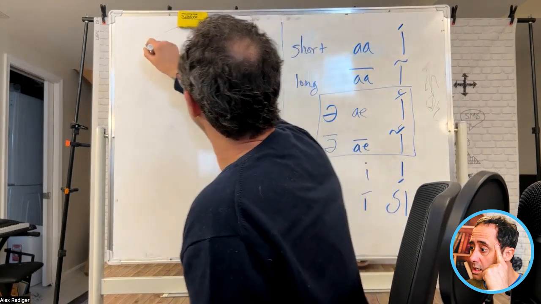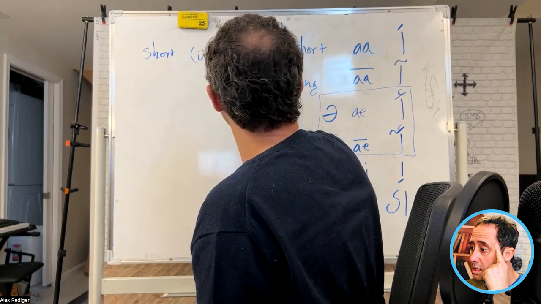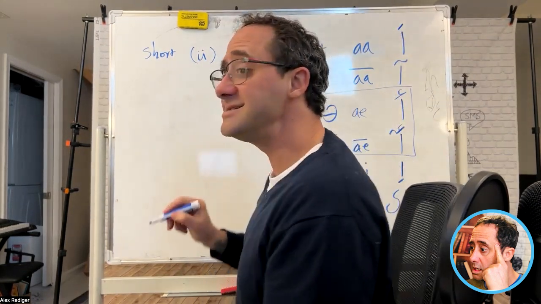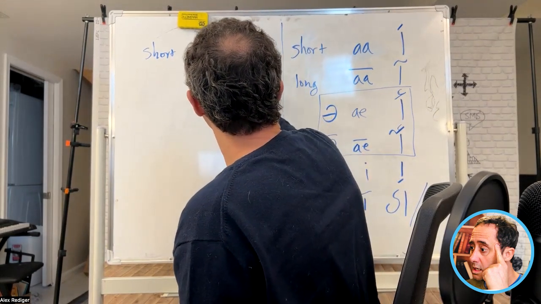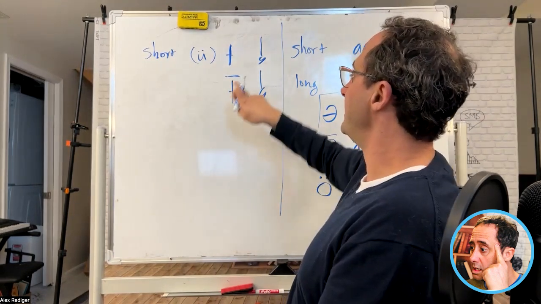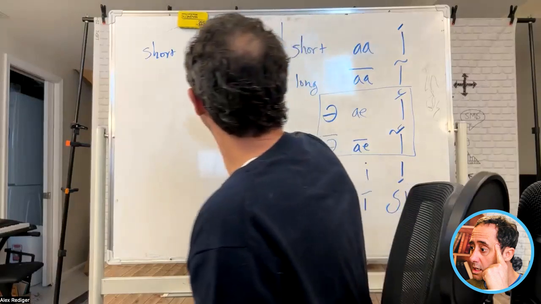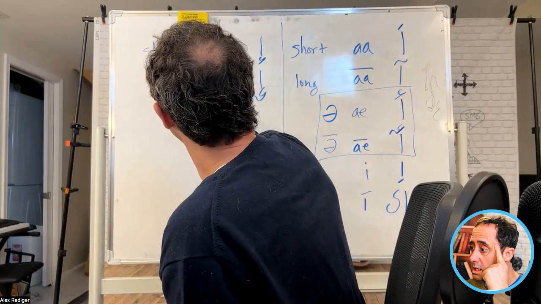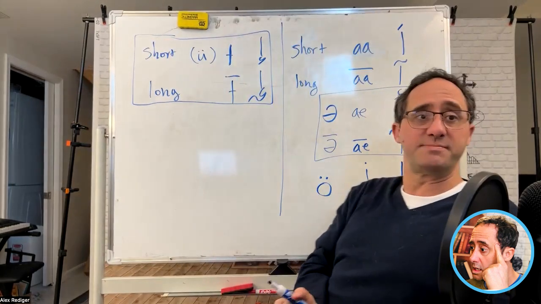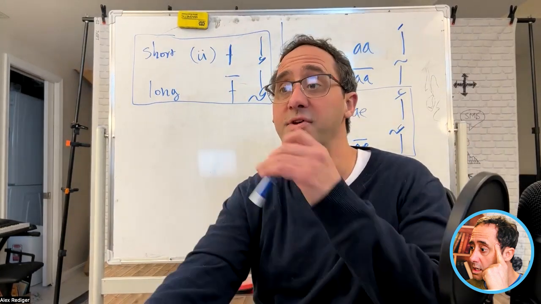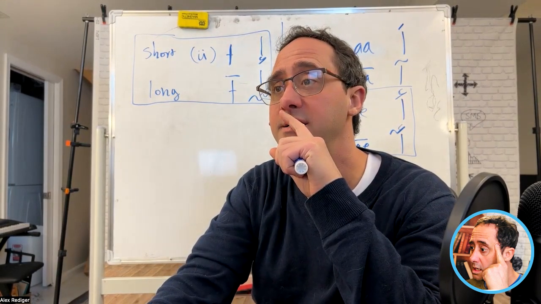The short one, and the long one has this squiggly. Long, you hold it for a long time. That's not a T, that's an I with a line through it. Long. Now we have the 4 unique Kashmiri sounds. There's also another that is quite unique, which we're going to get to in a second.